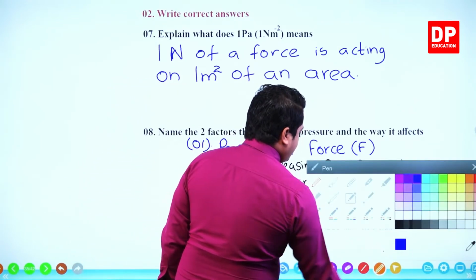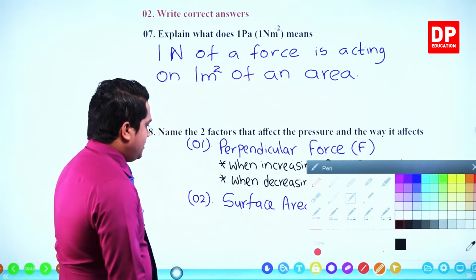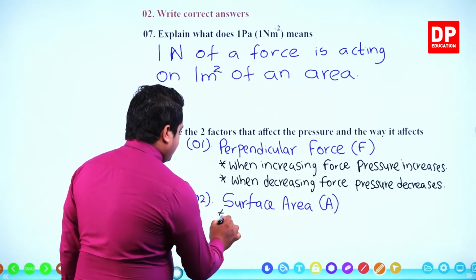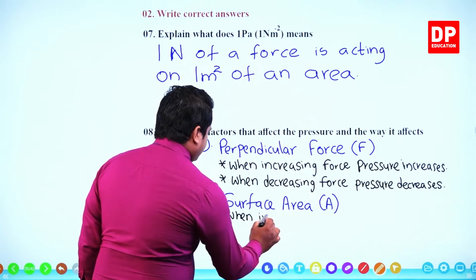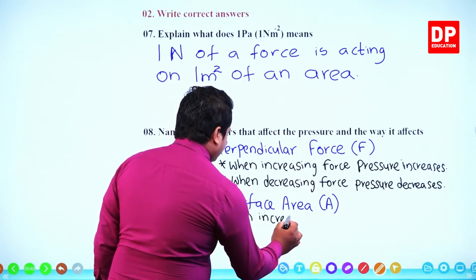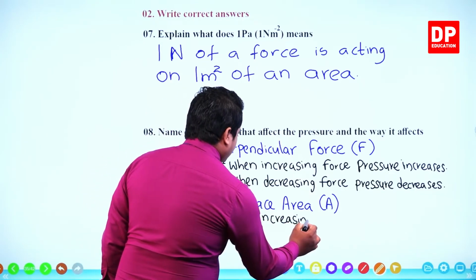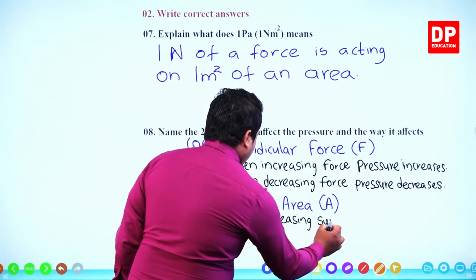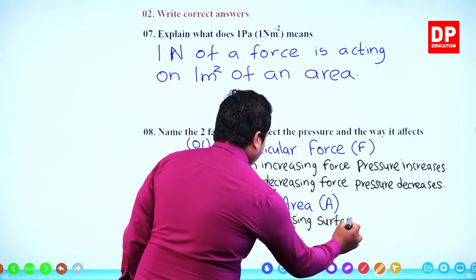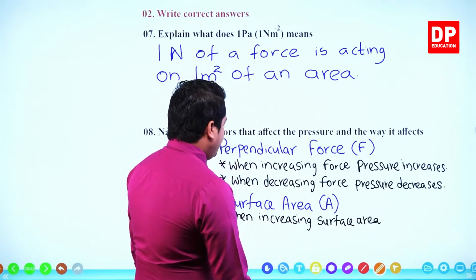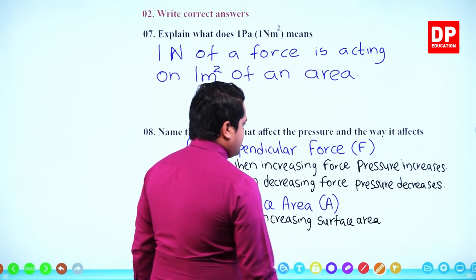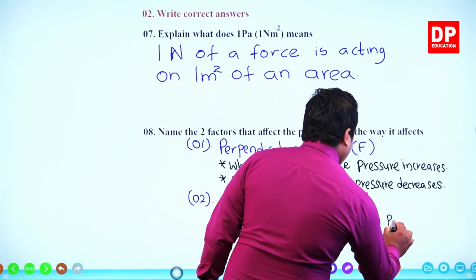So surface area, when increasing surface area, pressure decreases.